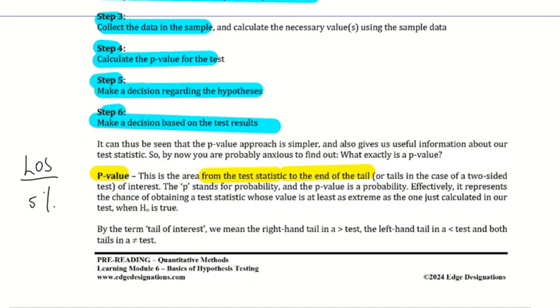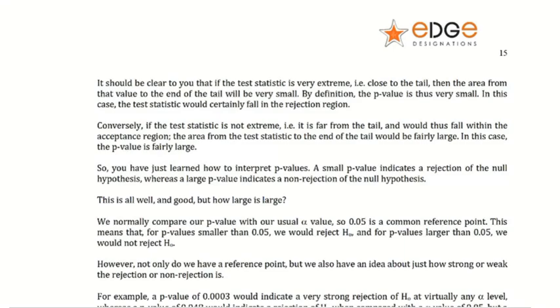I want values that are lower than 5%, because then I can reject the H0. So just remember p-values, that's the tail, and what I'm typically trying to do is reject that tail, because then I'm going to be rejecting the H0, the null, which is exactly what I'm trying to do.